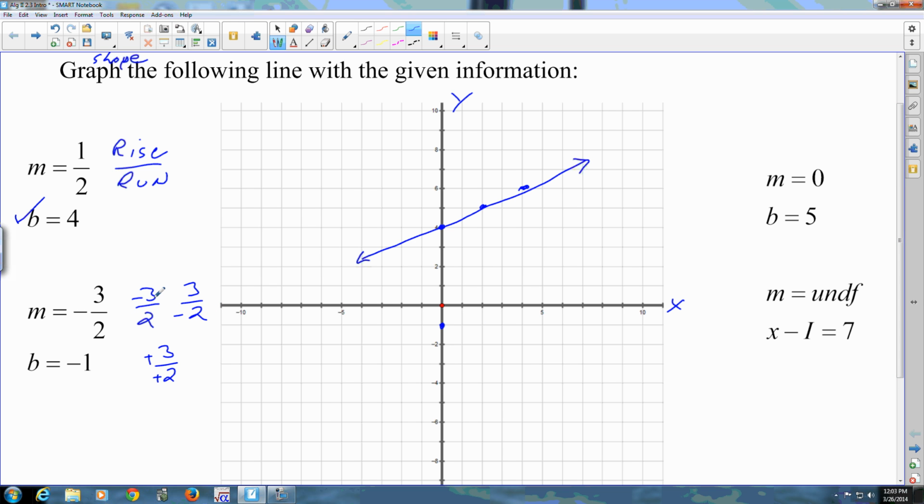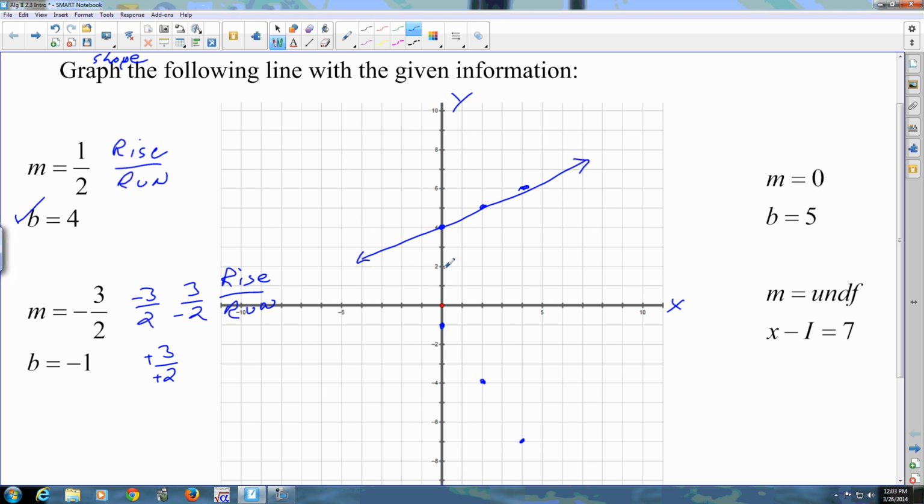Okay, if you put it upstairs, remember your rise over run. So you're rising a -3, so that means you go down 3. 1, 2, 3. And then run a +2. 1, 2. Now, showing you that it works with this one, it says rise 3. 1, 2, 3.